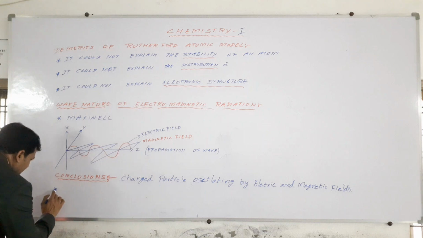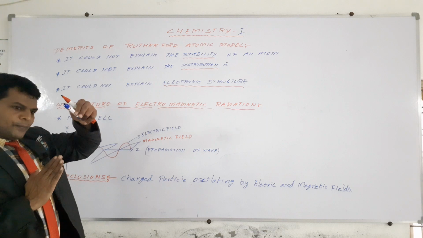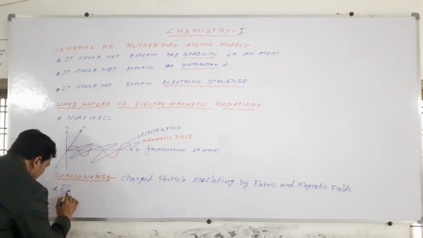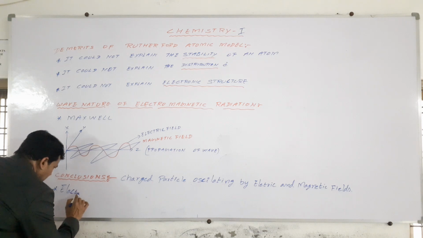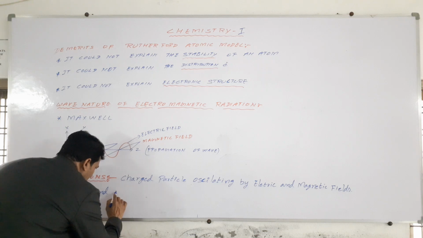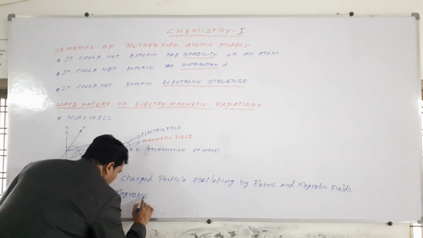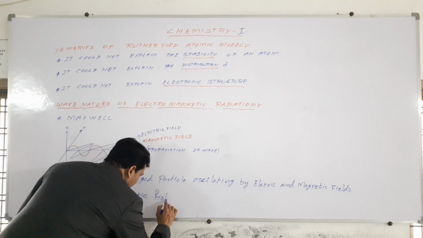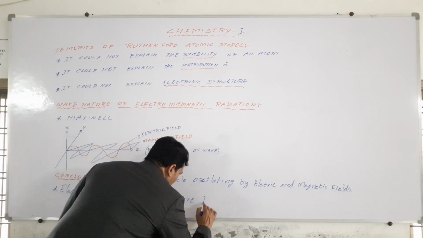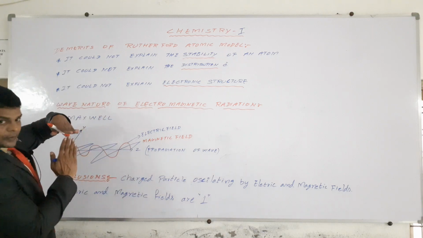Next conclusion: electric and magnetic fields are perpendicular to each other.